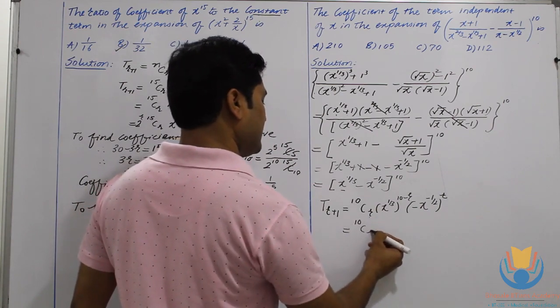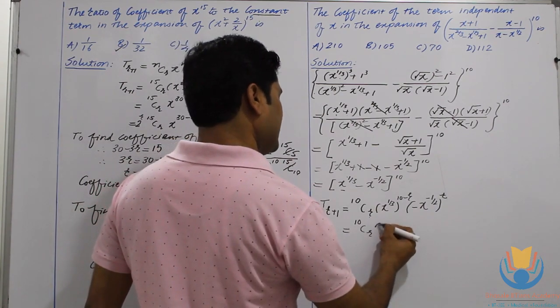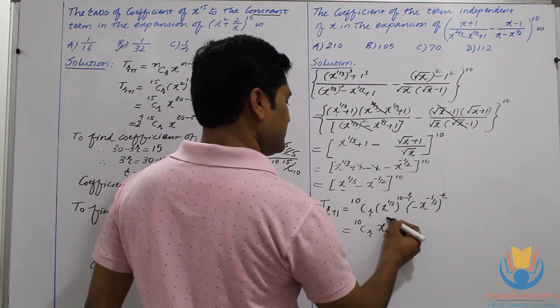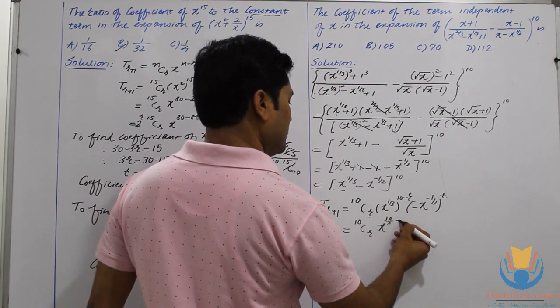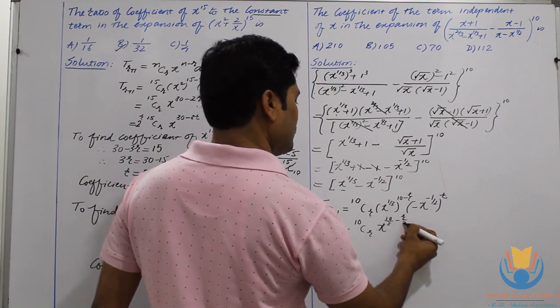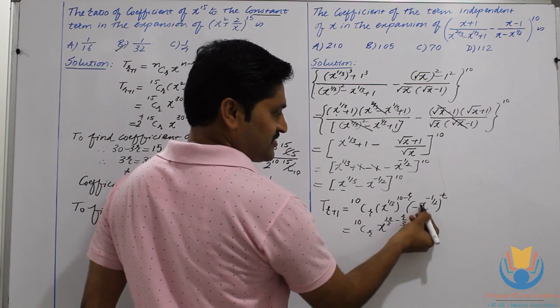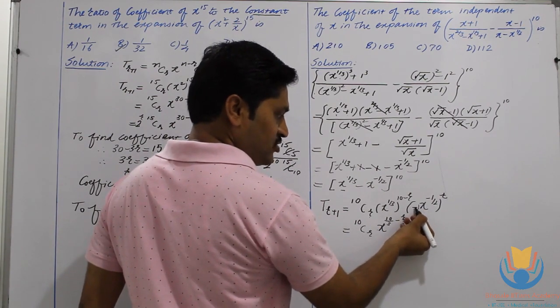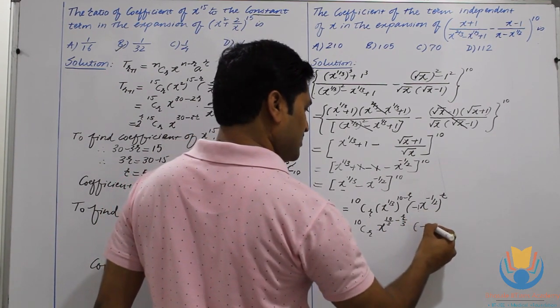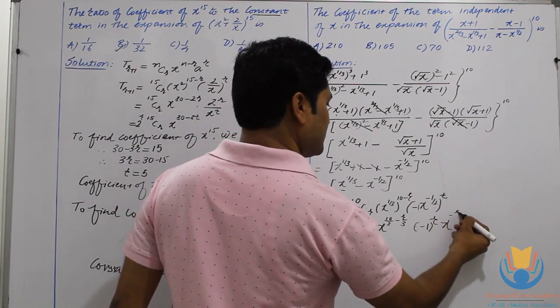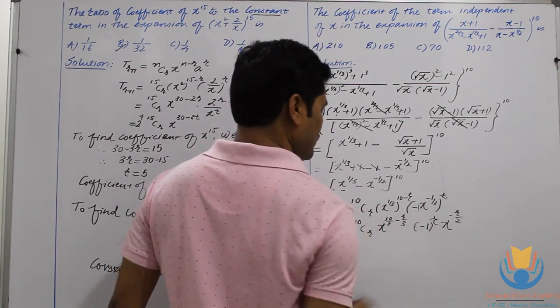So this 10 C r remains as it is, x raised to this 1 by 3 into 10 is 10 upon 3 minus r upon 3, and this we will write as minus 1. So minus 1 raised to r separate, and this x raised to minus r by 2 separate.